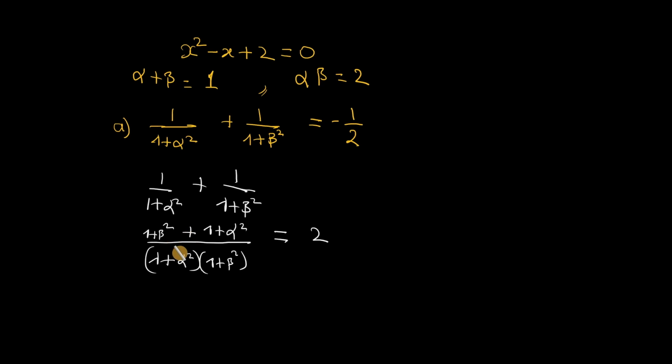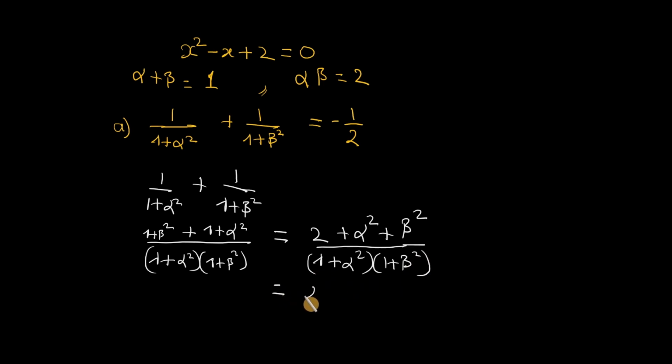2 plus alpha squared plus beta squared all over 1 plus alpha squared times 1 plus beta squared. You need to multiply the denominator out.